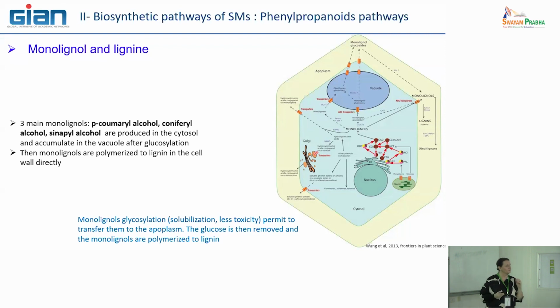That could be a very interesting thing. For example, if you want to have some trees for producing paper, lignin is not so interesting to have in this type of trees because it needs more steps to produce paper.